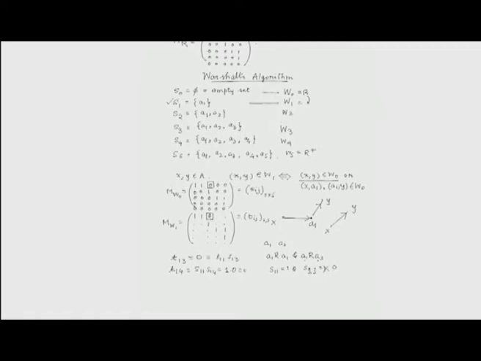So, it is 0. Then T 1 5: T 1 5 is S 1 1 and S 1 5. S 1 5 is 0, therefore, this is 1 times 0. So, it is 0.